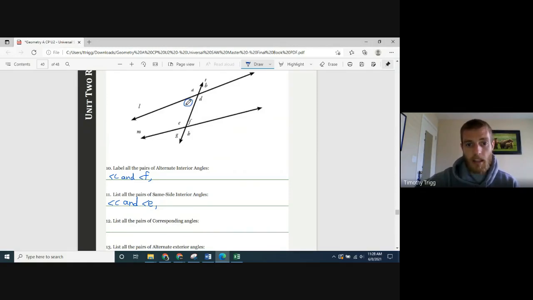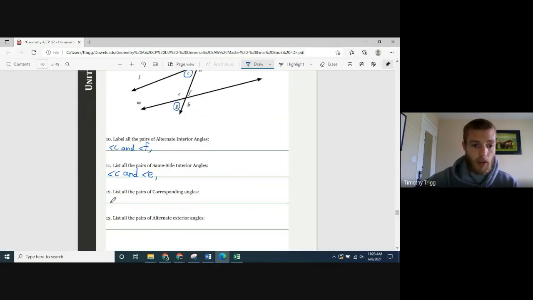So notice C is in the bottom left of these 4. So G is in the bottom left of these 4. And so they're in corresponding position. So angle C is a corresponding angle to angle G. So angle C and angle G are a pair of corresponding angles.